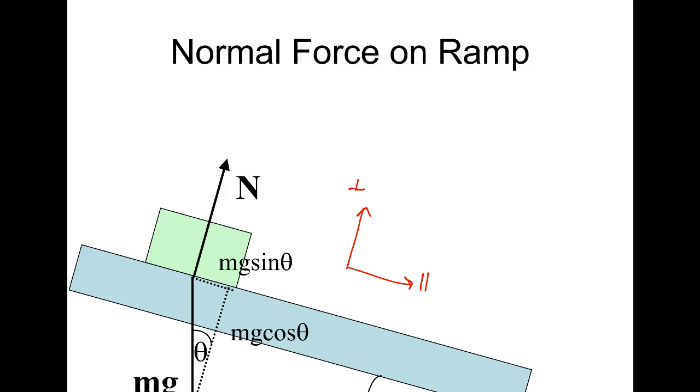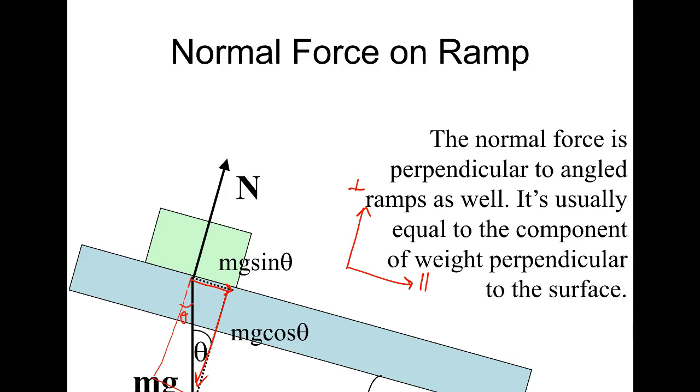And it's convenient to split gravity up into a component that's parallel to the incline, mg sine theta, which also could be done this way. There's theta. And also mg cosine theta. So most of the time, this normal force is equal to the component of the weight perpendicular to the surface. So in this case, F_N is equal to mg cosine theta. It's not always true, but it is in this case.